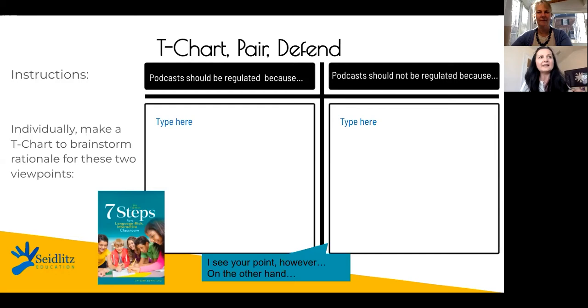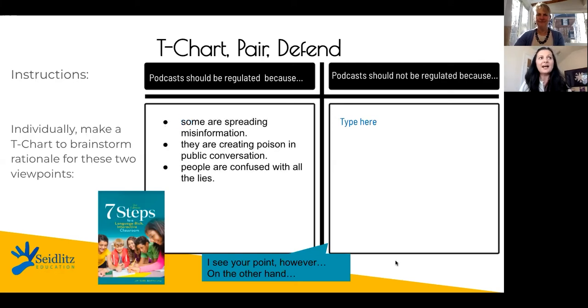On one side, we are going to scribe all of the answers students give me. Now on the other side, on the right-hand side, we're going to list the reasons podcasts should not be regulated. Here's what it might look like. Podcasts should be regulated because some are spreading misinformation. They're getting all of these bullets from the podcast they listen to.